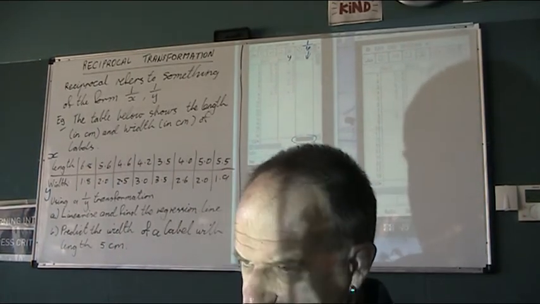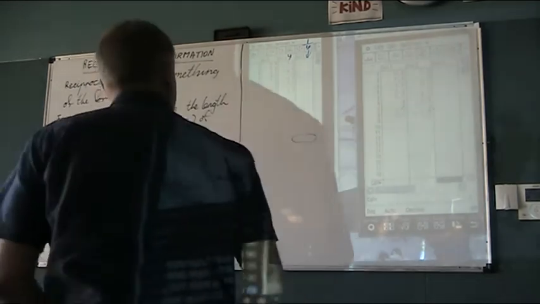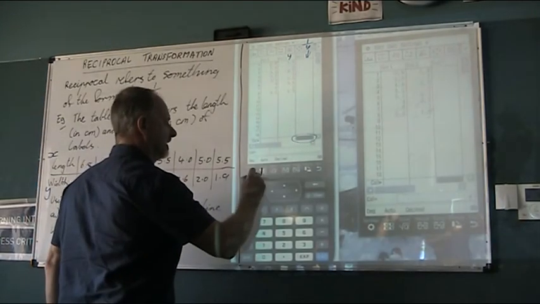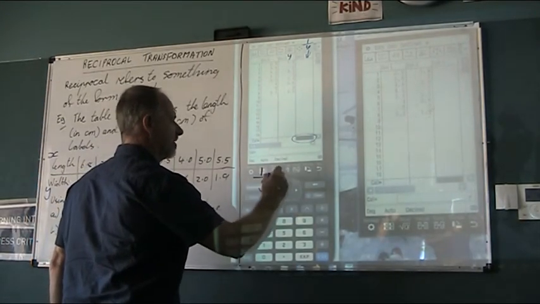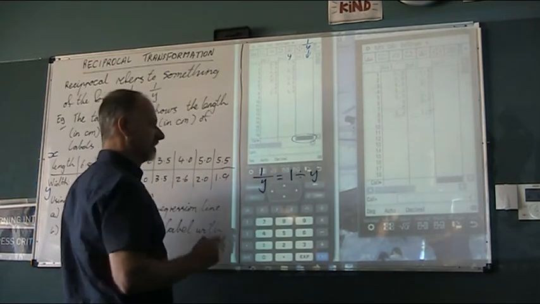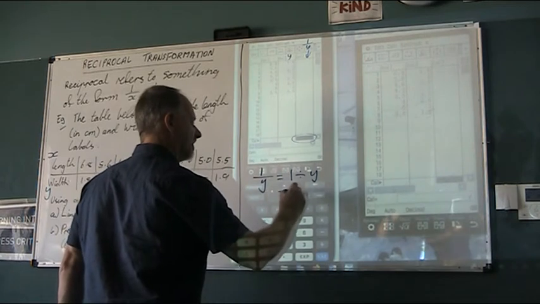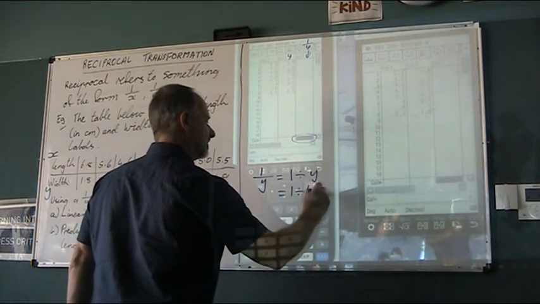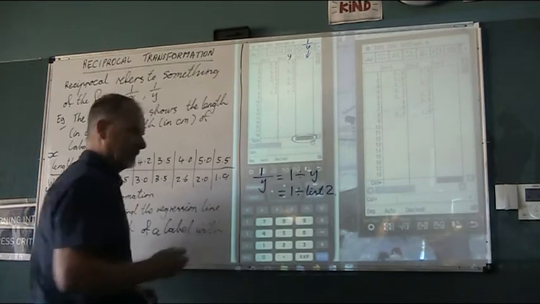So 1 over something, in this case y, is the same as 1 divided by. So we're looking at 1 divided by list 2.